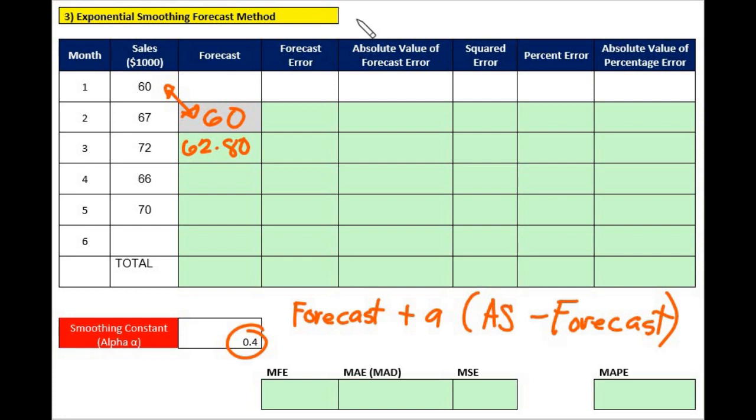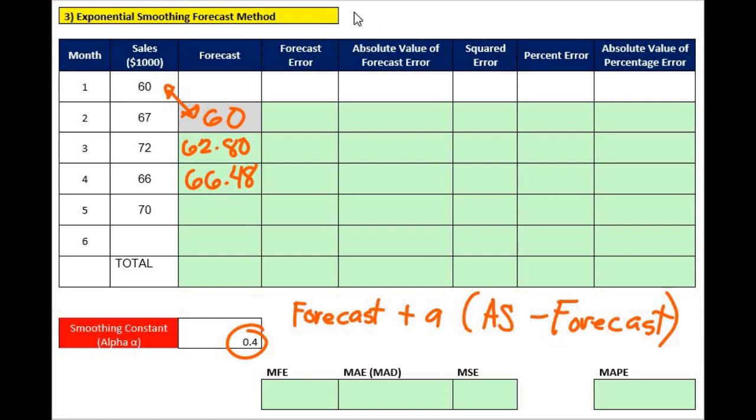Again, our forecast, that is 62.80 plus our constant value of alpha, 0.4, times the quantity of 72 minus 62.80. The answer will be 66.48.